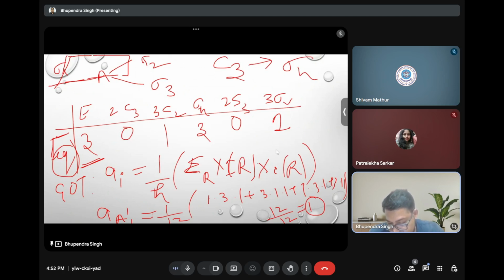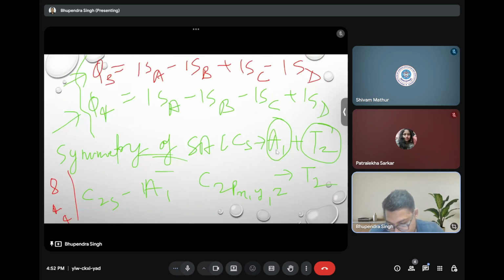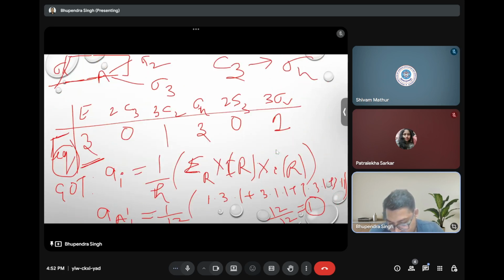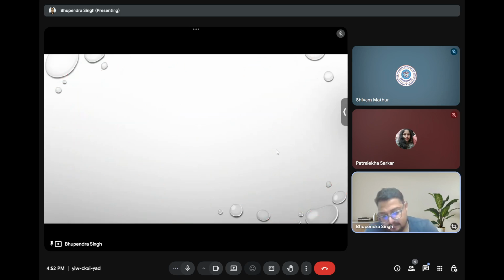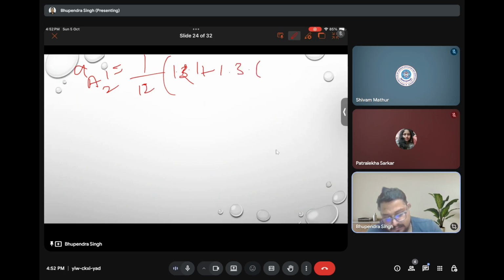Not the elements, sorry, these symbols. So we have to do this 6 times for all of them. But let's say A2 dash: 1 by 12, 1 plus 3 plus 3 plus 1, 3 minus 1, and so on and so forth. You'll get 0.